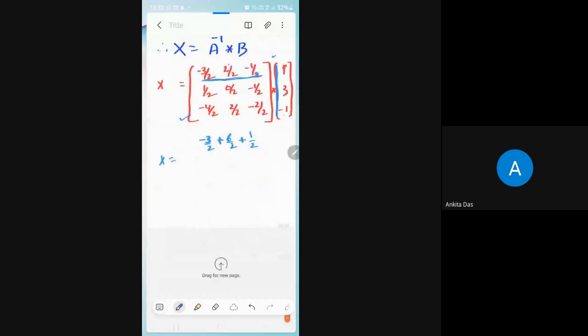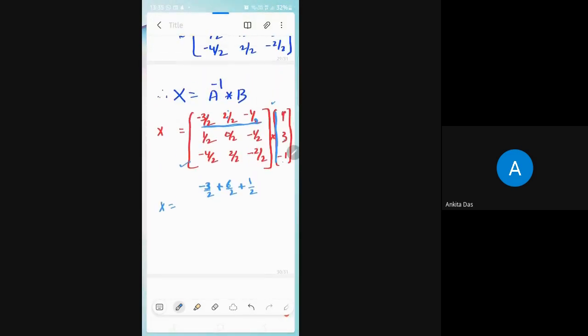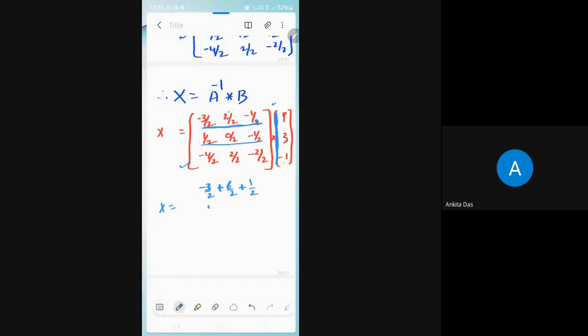The first row is over. Now the second row elements with the same column, corresponding elements again. 1 by 2 into 1 is 1 by 2, plus 0 by 2 into 3 means 0, and minus 1 by 2 into minus 1, plus 1 by 2.